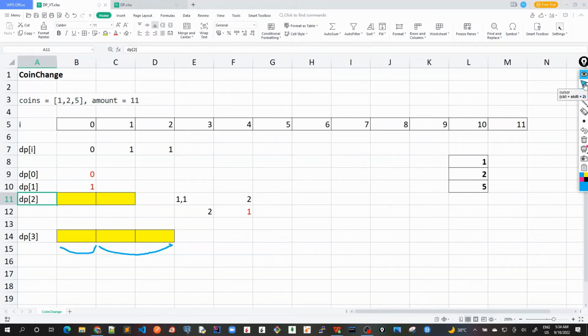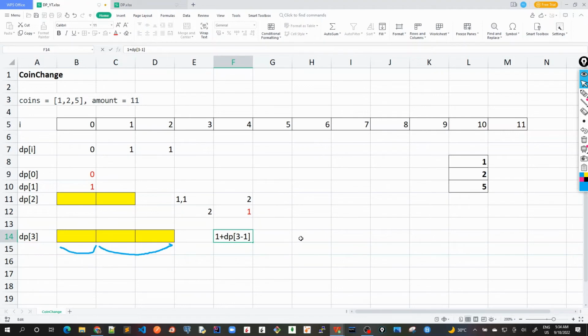So the same thing can be written as coin of 1, right? If I take a coin and I reduce it, 3 minus 1, so this is one way, so it would be 1. If I choose just one coin, the number of coins required is 1. And then whatever is left after I choose coin 1 would be DP of 3 minus 1.